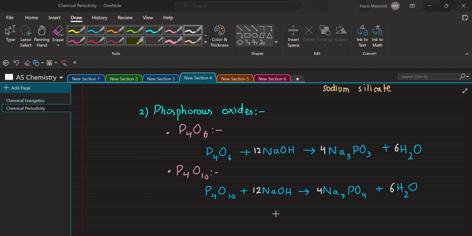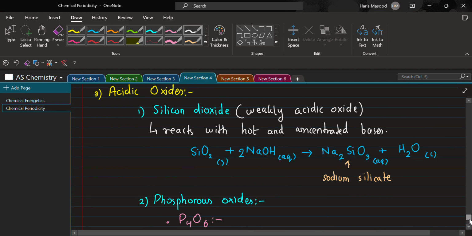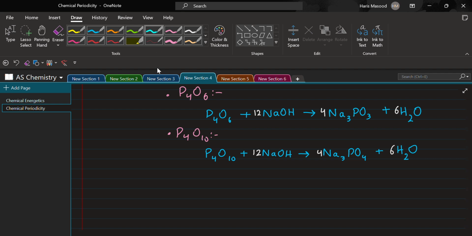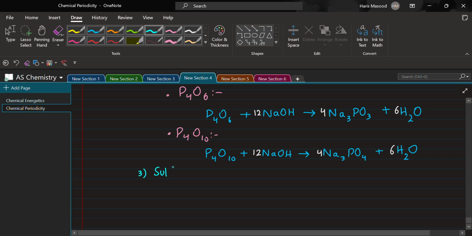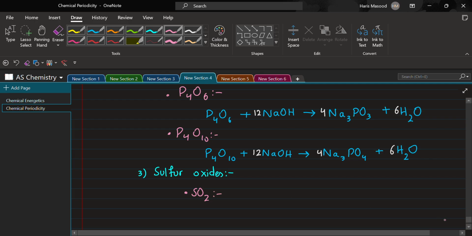And for the sulfur oxides, we again have a similar pattern here. For the sulfur oxide, we have SO2 first.